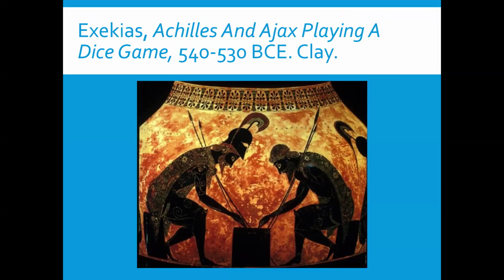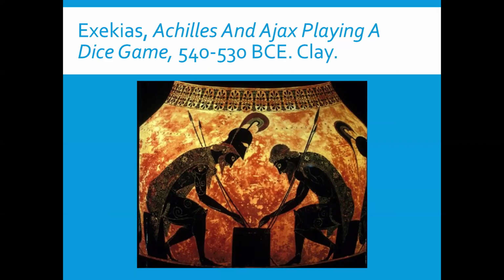Also, at this time, vase making and vase painting becomes a huge market in ancient Greece. So by the mid 6th century, Athenians are taking the export market of fine painted ceramics across the Aegean and Mediterranean.